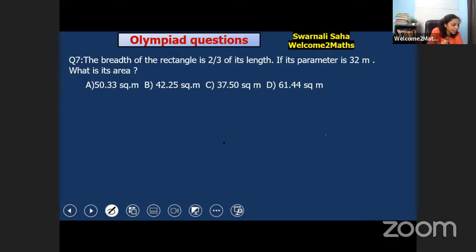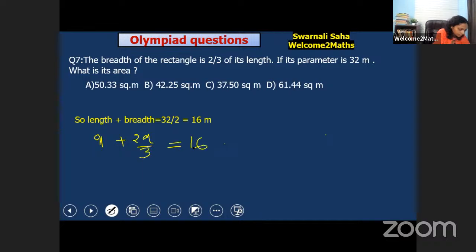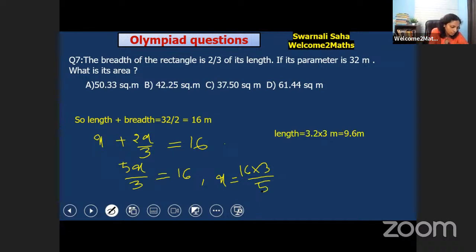It's so easy. Breadth of a rectangle is 2/3 of its length. So what would it be? Length plus breadth is equal to 16, 32 by 2, and it is 9 point x is 3.2.